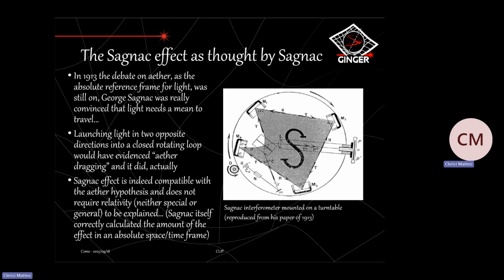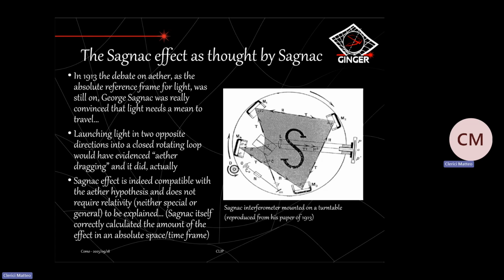Most of you probably know the Sagnac effect. The story is that in 1913, Georges Sagnac was really convinced that light needs some medium to travel, the well-known story of the ether. So he designed a closed loop for the light, and launching light in opposite directions, he would have evidence of the dragging of the ether on the light.